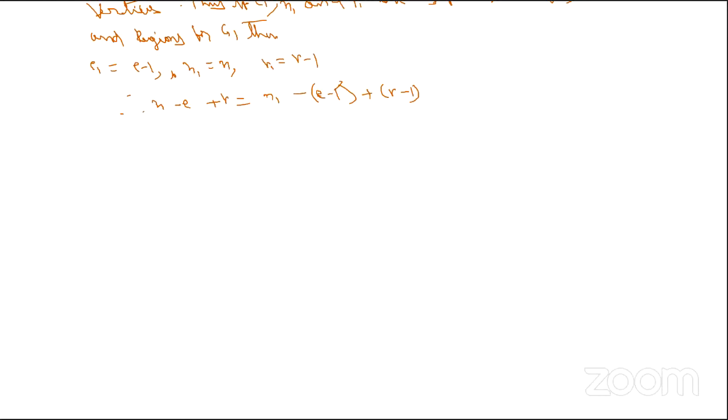The plus 1 and minus 1 get cancelled. That equals N1 minus E1 plus R1, which equals 2.